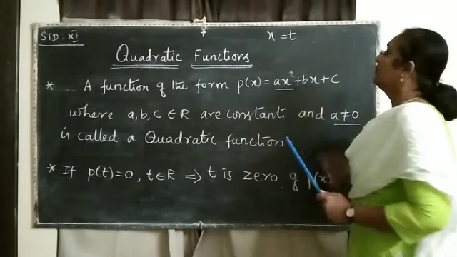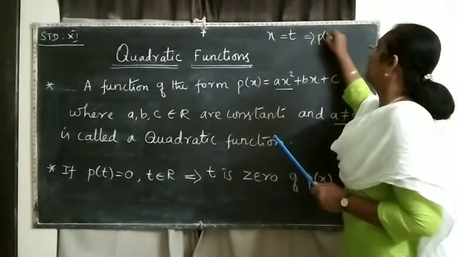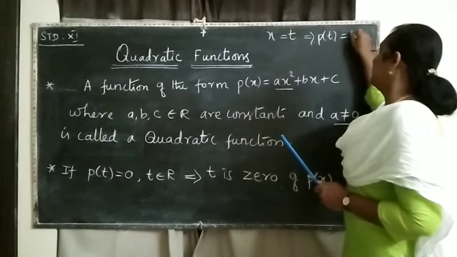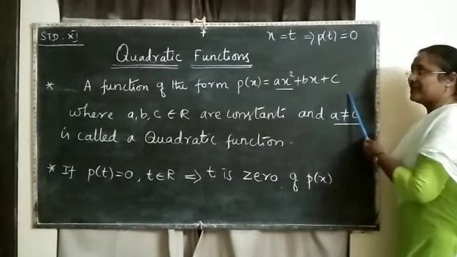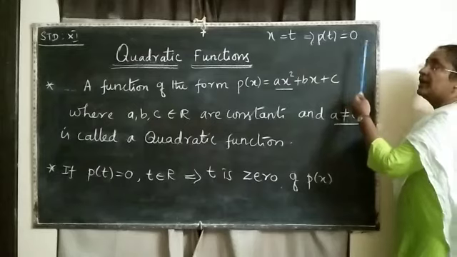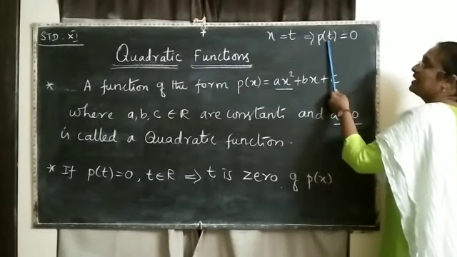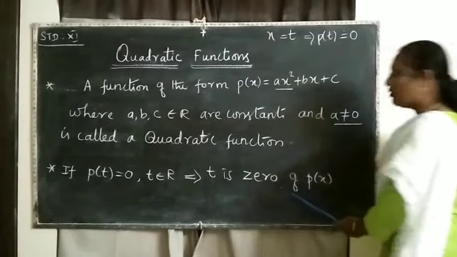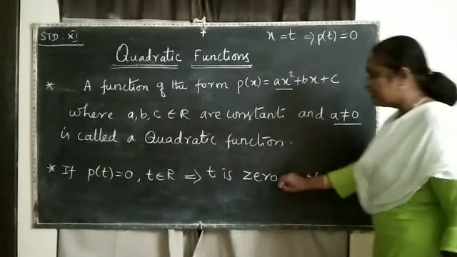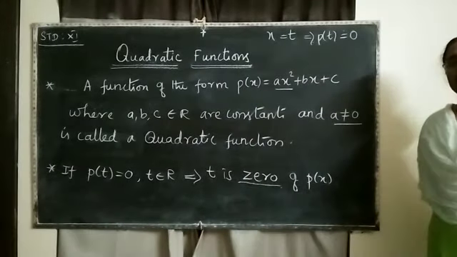If the final value of the expression comes to 0, then I can say t is a zero of p of x. Is it clear for you?